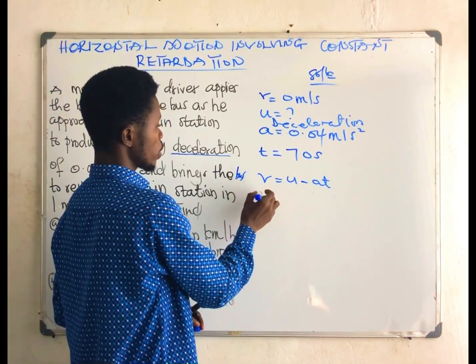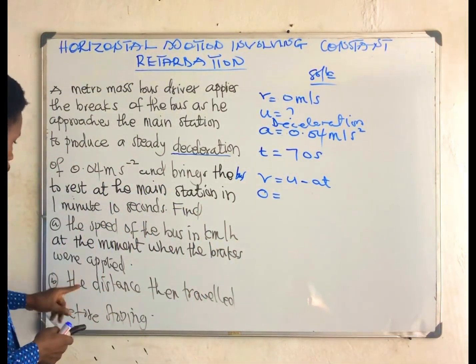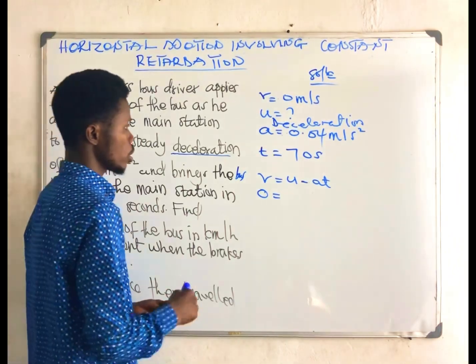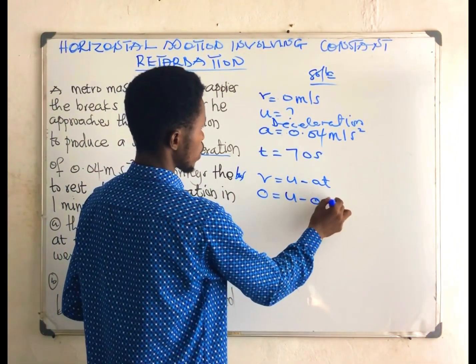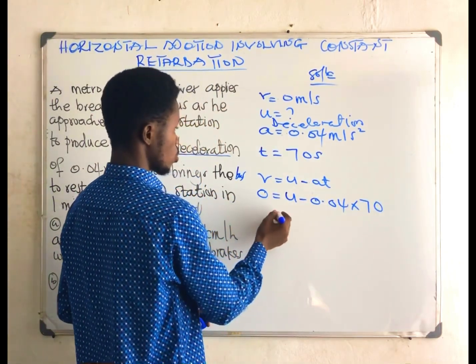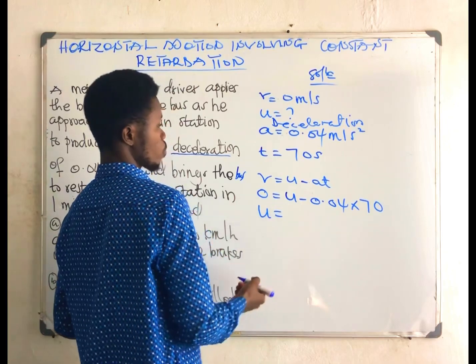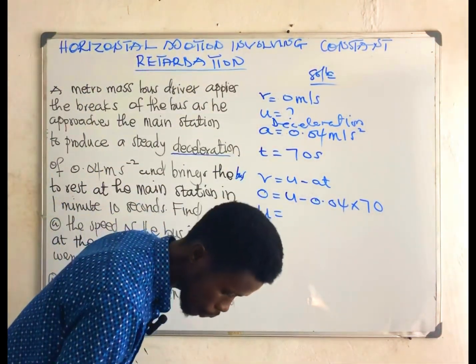Final velocity is 0. We need the initial velocity, immediately the driver applied the brake, so we need U. a is 0.04 times 70. So my U will be equal to 0.04 times 70. Let me use a calculator.